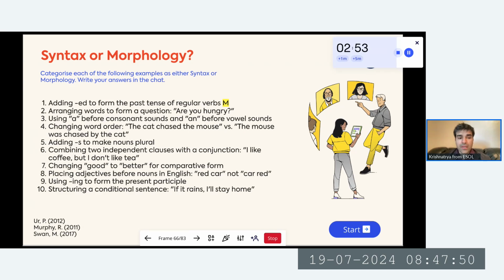I'll repeat it for Priyanka. Priyanka, you have to decide if the sentences are related to syntax or morphology. Thank you, Aditi, Ranjita, Urmila, Devashri for the answers. Waiting for other people. There's no rush. Take your time.